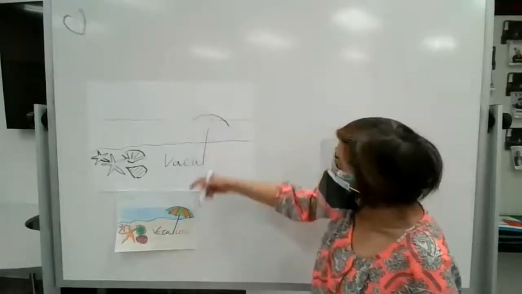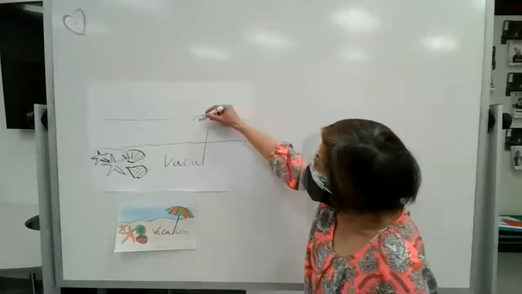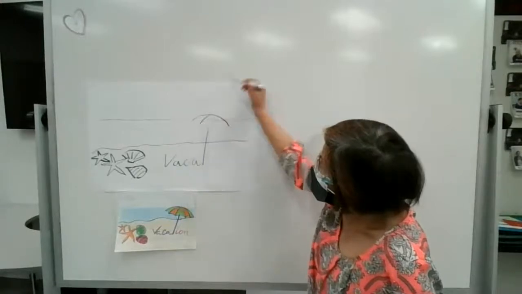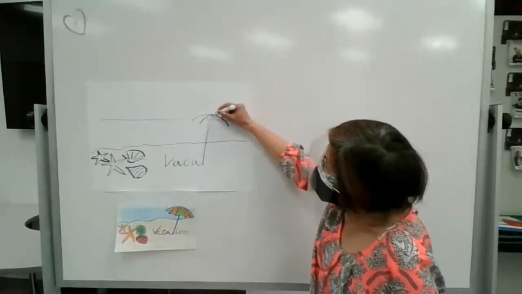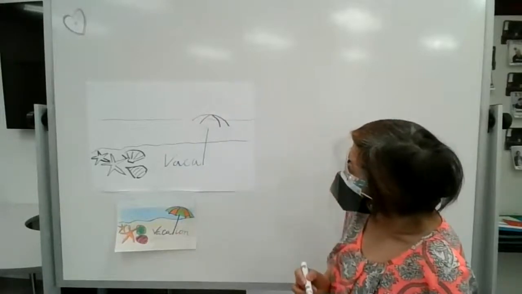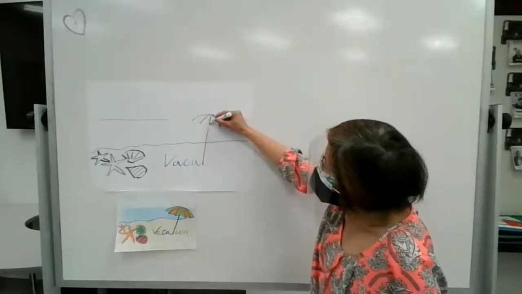And you see the umbrella, you can do different colors with the umbrella, okay? So if it's easier for you, you can have one line here, one line here, okay, and one here.